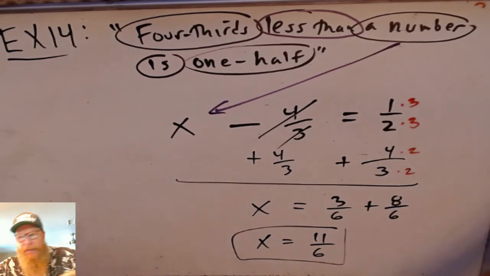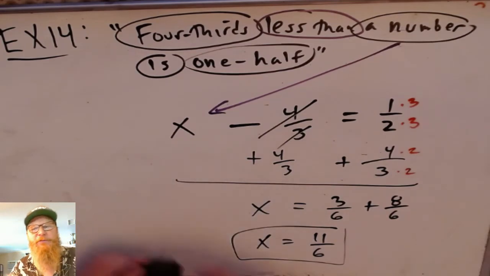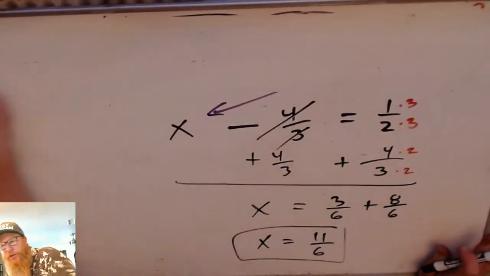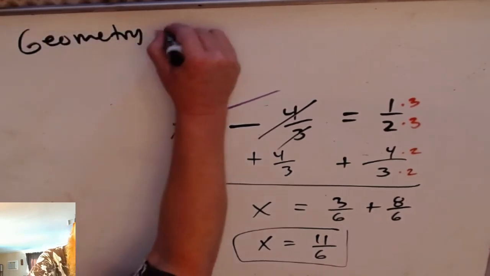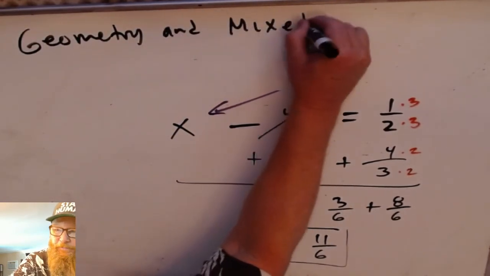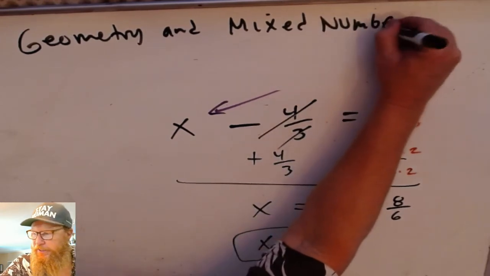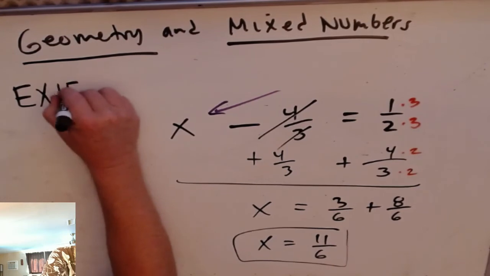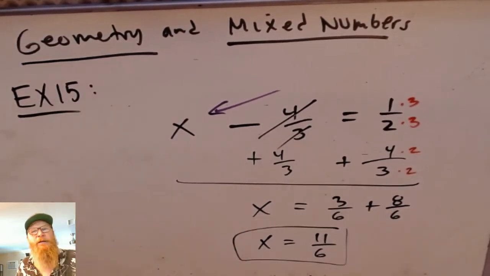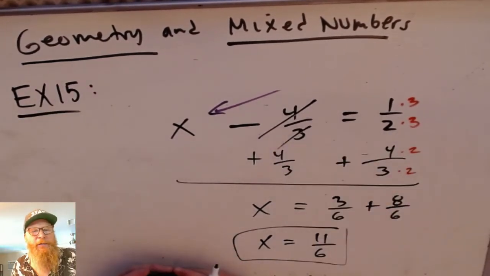Okay. The last couple examples are geometry and a return to mixed numbers. So I will be specifying mixed numbers in these problems, and so you have to use mixed numbers.